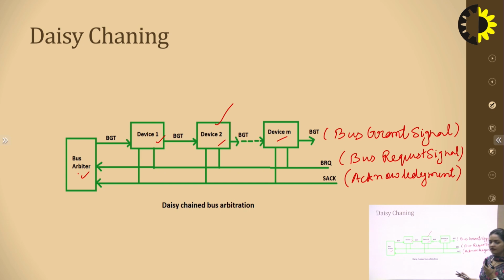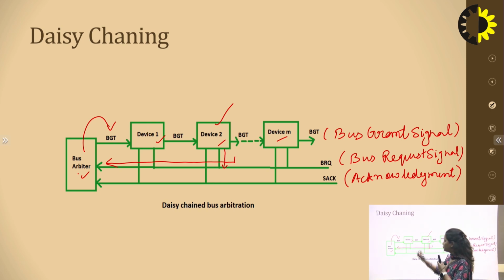For requesting, it will generate a bus request signal and activate this line to 1. This bus request signal from device number 2 goes to the bus arbitrator requesting control of the bus, whereas the arbitrator in response will generate a bus grant signal. This bus grant signal is first given to device 1.